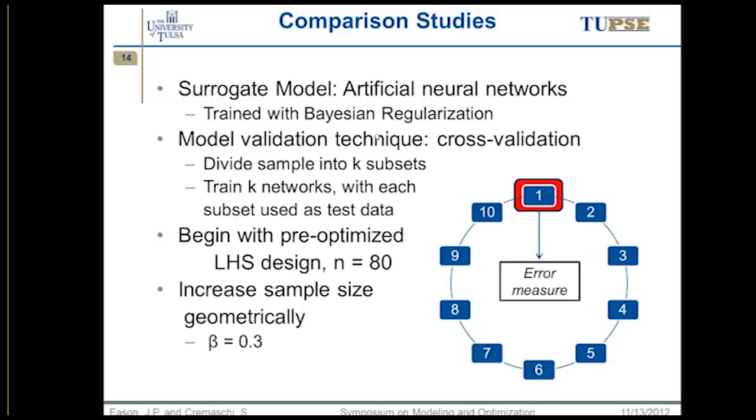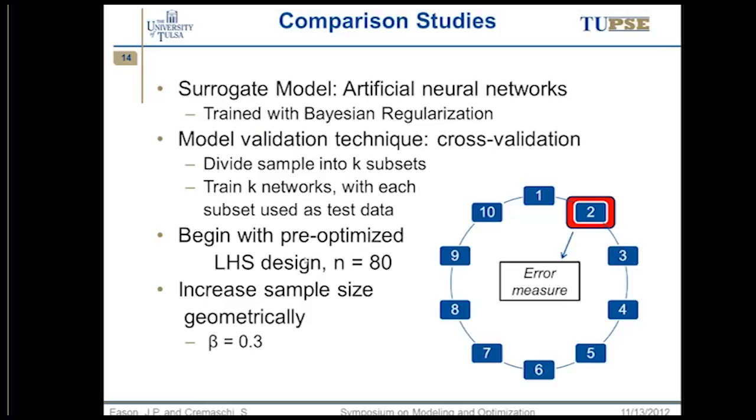So, for example, the first time, we'll leave out subset 1 and train the neural networks with sets 2 through 10, and then set 1 is test data, and we use that to gauge how well the neural network is fitting the data. And then we repeat with set 2 left out as test data, and so forth.